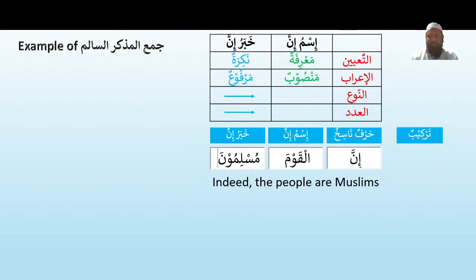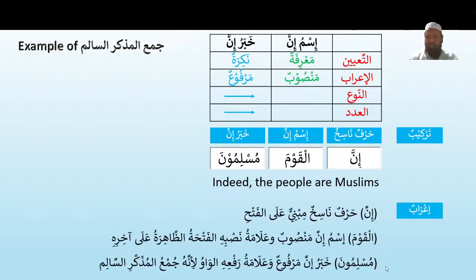تركيب إن حرف ناسخ، القوم اسم إن، مسلمون خبر إن. اعراب: إن حرف ناسخ مبني على الفتح، القوم اسم إن منصوب وعلامة نصبه الفتحة الظاهرة على آخره. مسلمون خبر إن مرفوع وعلامة رفعه الواو لأنه جمع المذكر السالم.